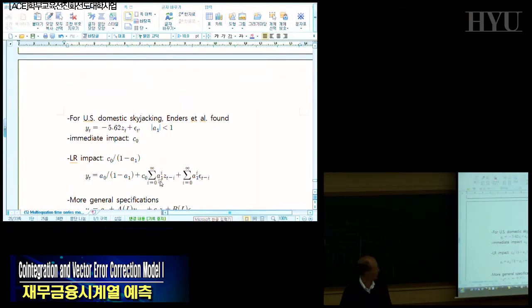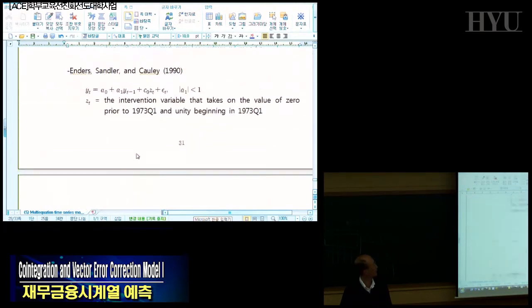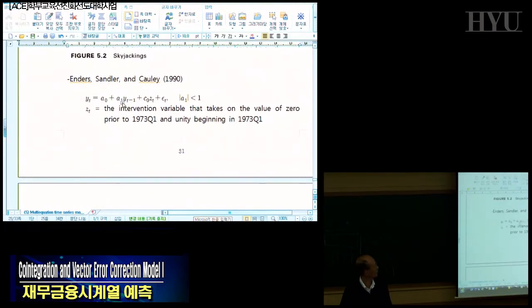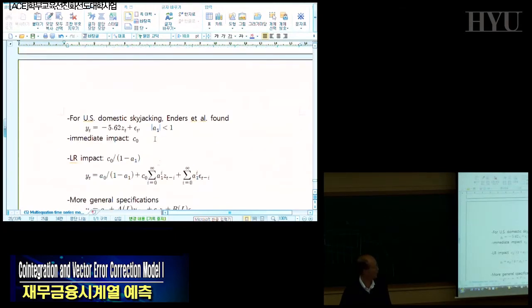So actually this quantity summation is measured by this one. So introduction of this one has immediate impact, and then long run impact is this, but this was 0. So actually you don't calculate this number in this particular example.